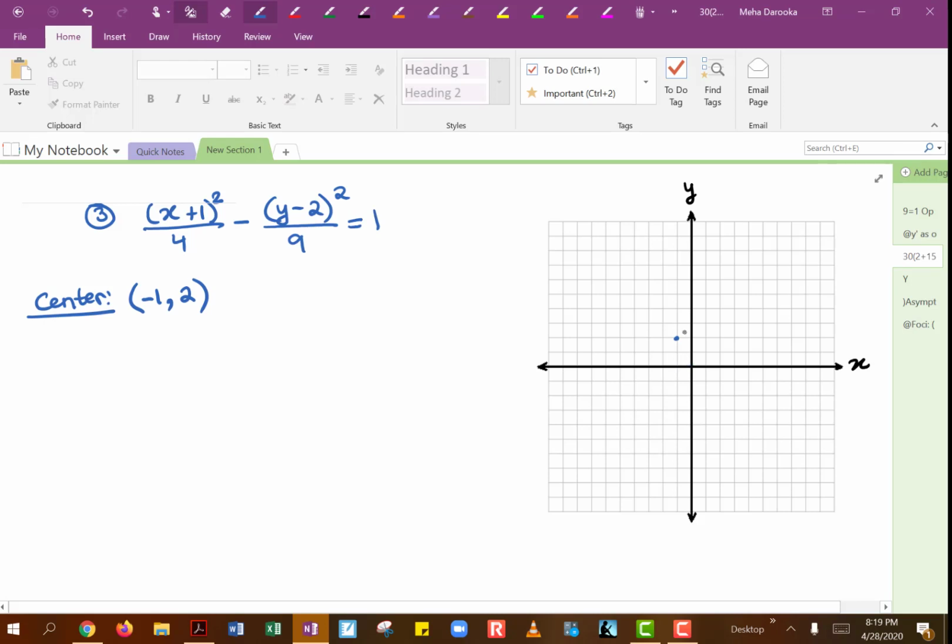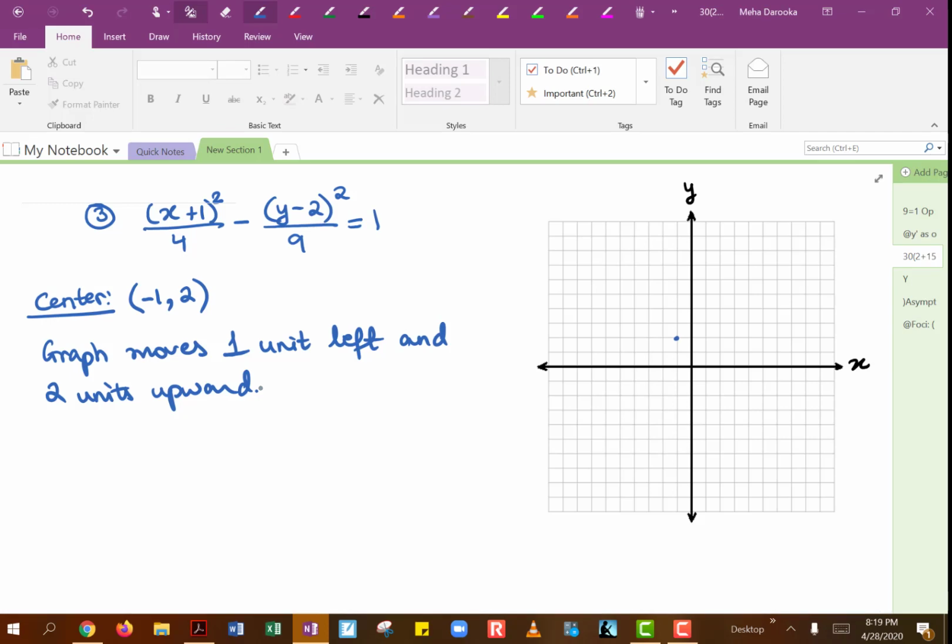So the graph moves 1 unit left and 2 units upward, right? And this is something we're going to have to do with all of our points. So let's start by first finding our vertices for the fundamental rectangle, and then we'll make this change happen.